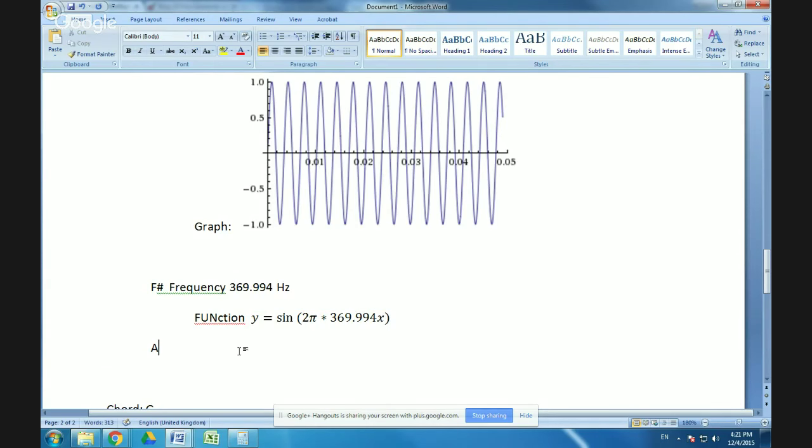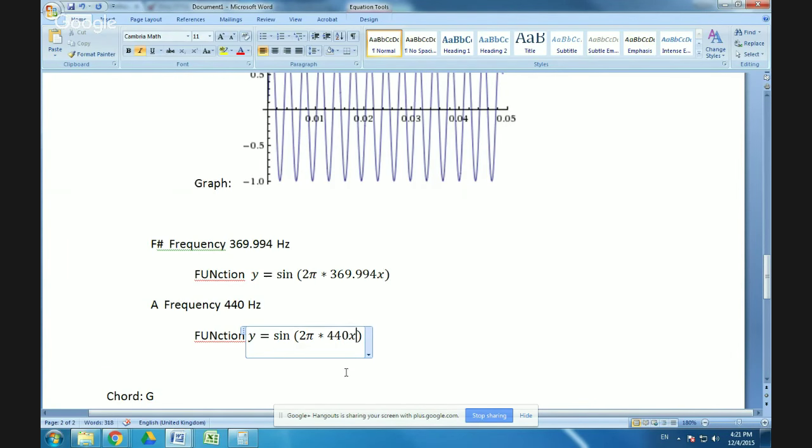And then A is 440 hertz. We have our three functions.